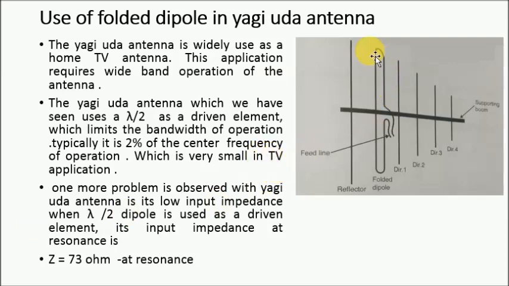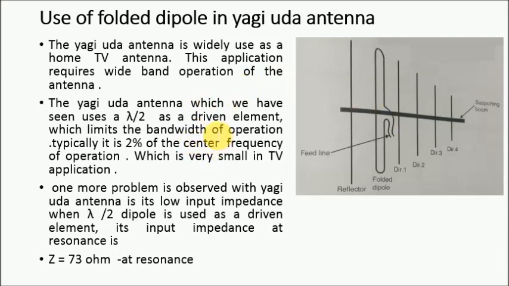Now if I replace the dipole with the folded dipole, which we have already discussed, this structure with the folded dipole is even more popular in TV antennas, which require wideband operation, because we already know that the frequency response of this antenna is flatter, so it is more suitable for TV antennas.